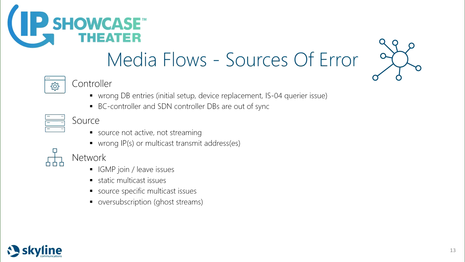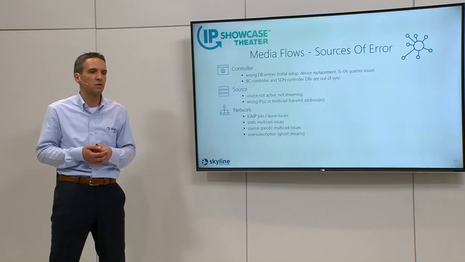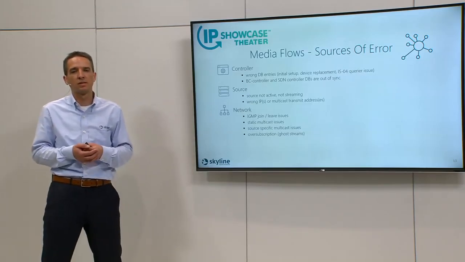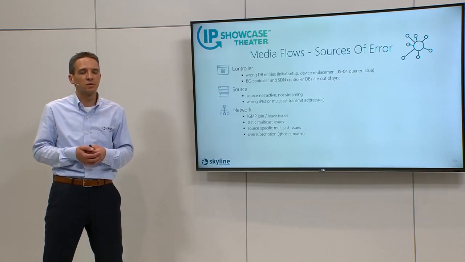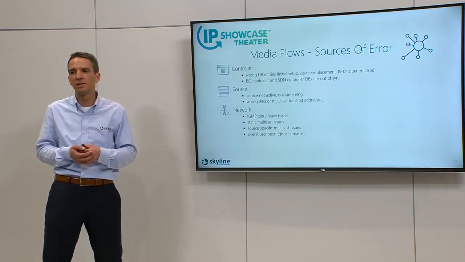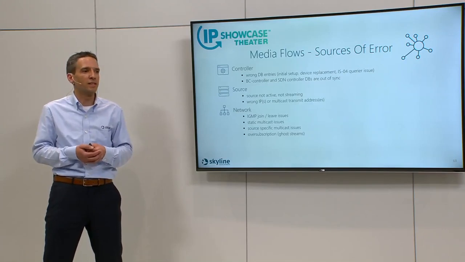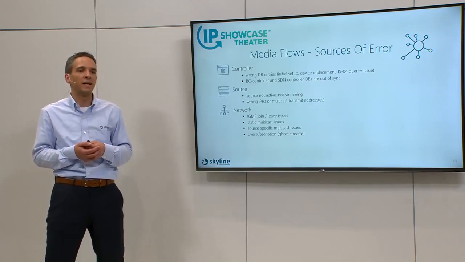When we talk about source-specific multicast, that's another layer of complexity, another layer where things might go wrong. And we also see oversubscription in the network. Not necessarily because the SDN controller has done a bad job. More often, people play in the network, people work around the SDN controller, they set up sources manually just for a test, and they forget to turn them off again, and you have more traffic than expected. And the SDN controller might not be aware of that.